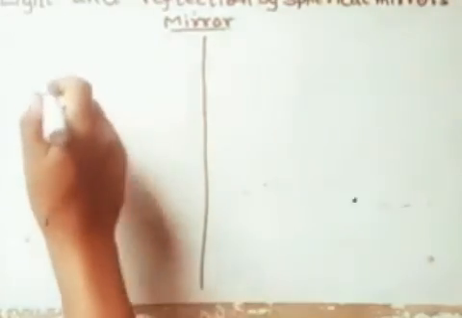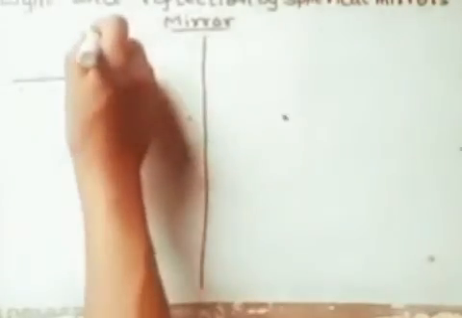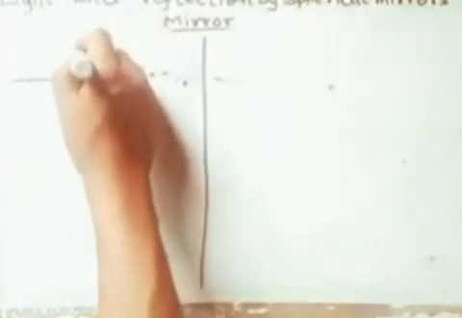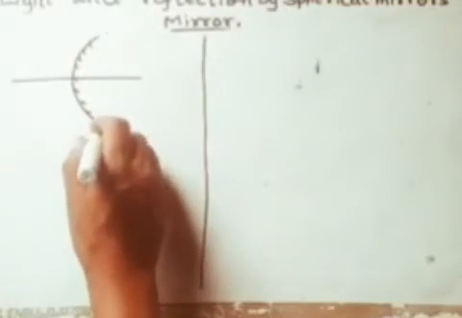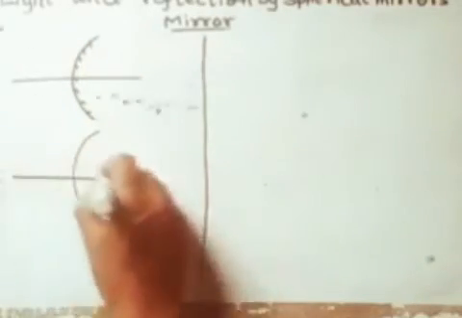Let's see how image formation takes place, but before that, how do rays behave with these spherical mirrors? So maybe it will be a problematic set of diagrams for you students.